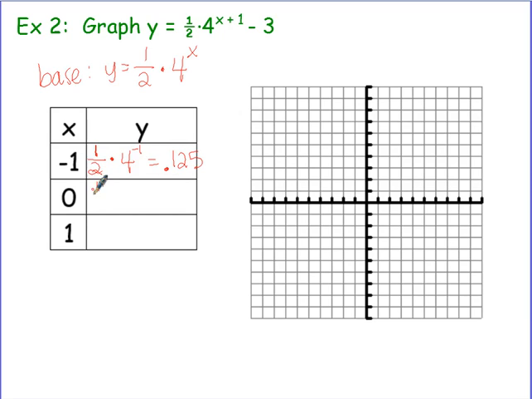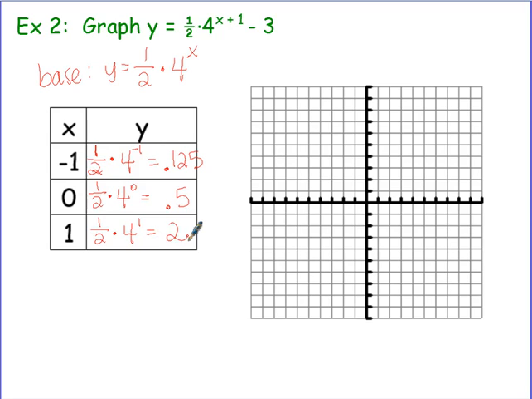Then we're going to do 1 divided by 2 times 4 to the 0. You type that in, your calculator should tell you 0.5. Then we're going to type in 1 divided by 2 times 4 to the power of 1. Your calculator on that one should tell you 2.